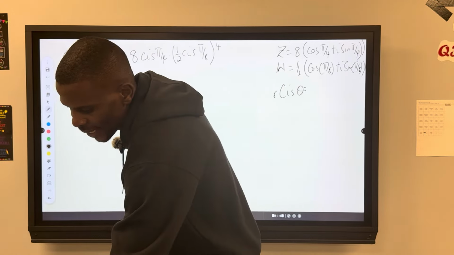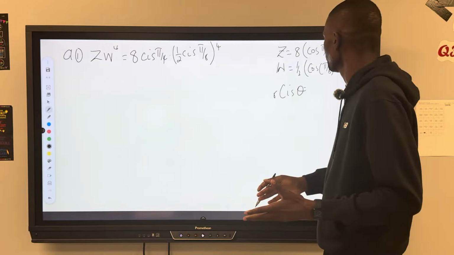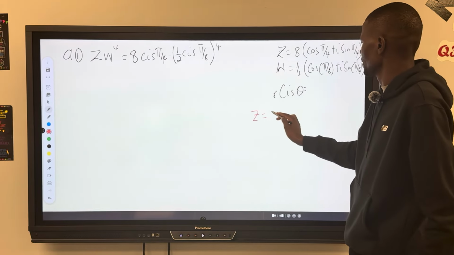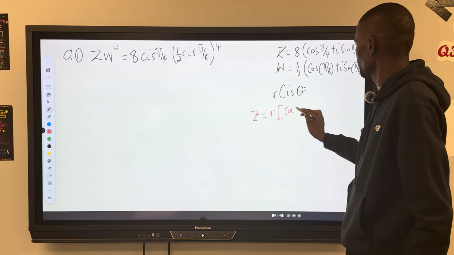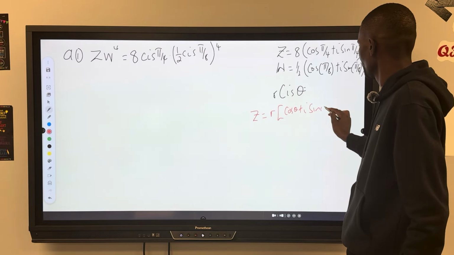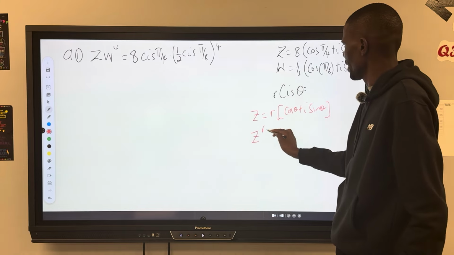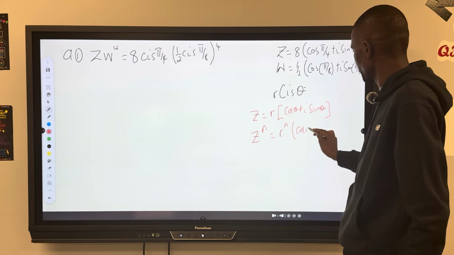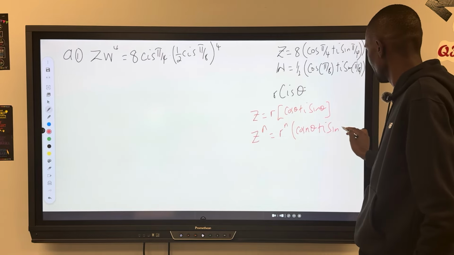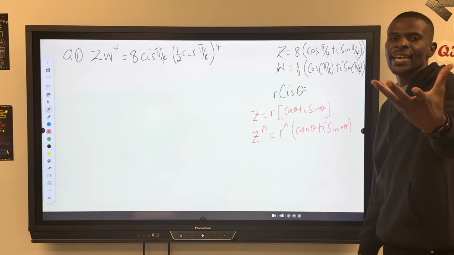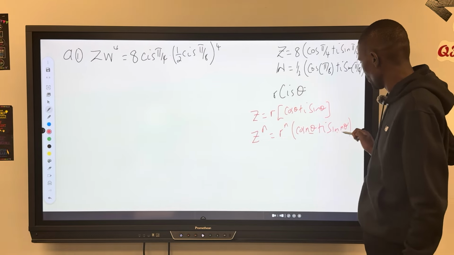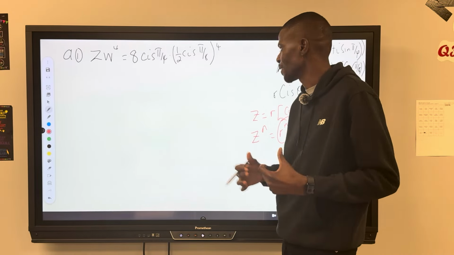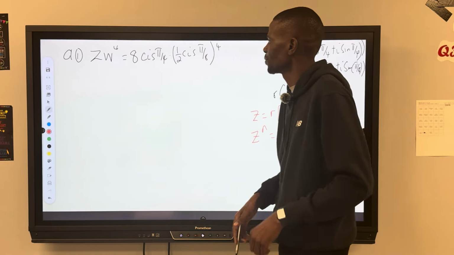So guys, De Moivre's theorem states that if z is equal to r, then cos theta plus i sine theta, then z to the n is equal to r to the n, then cos n theta plus i sine n theta. So the exponent will affect the angle, but here it affects r directly. So we are going to raise r to that exponent. This is exactly what we are going to do here.